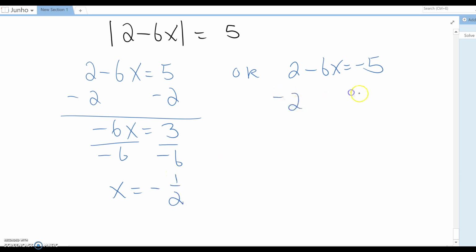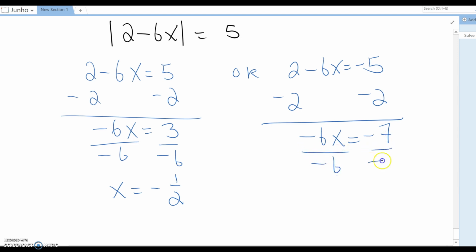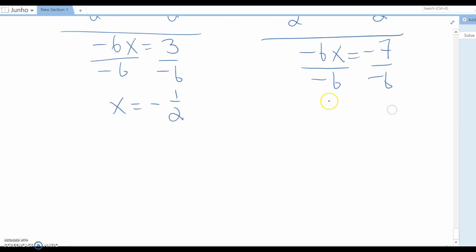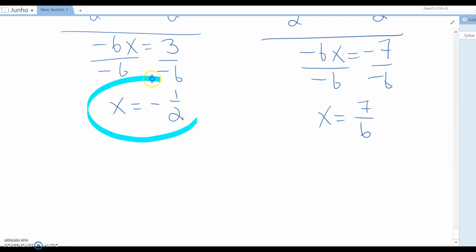Or minus 2 on both sides, then negative 6x equals negative 7, divide by negative 6, then x equals 7/6. So in this case the answer is either negative 1/2 or 7/6.